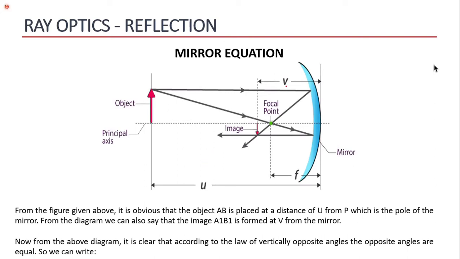Now, I'm taking a concave mirror. This is your principal axis, and this is where you get your image.